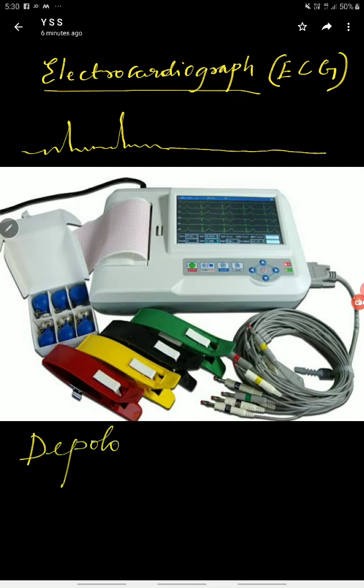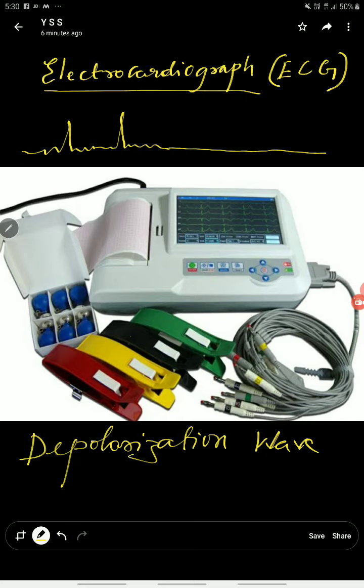Depolarization wave. The depolarization wave is nothing but the changes in electrical activity with respect to the movement of ions across the membrane of the muscle cells and the nerve cells. So there occurs the electrical activity which brings about the contraction of the wall of the heart.